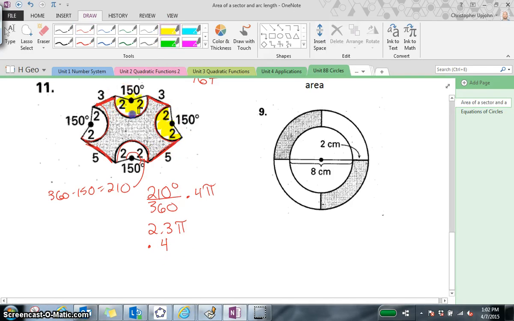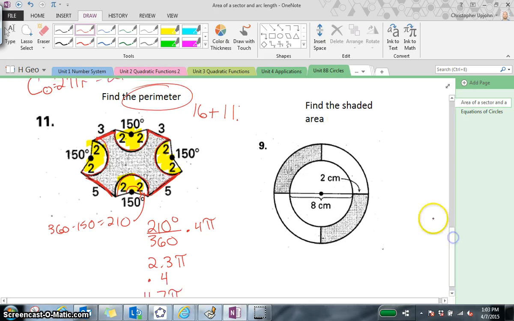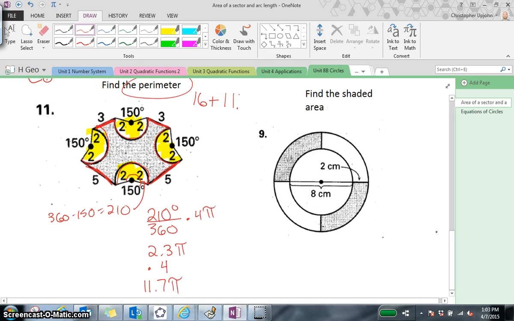We got one here, here, here, and here, and they're all the same. So we multiply that out, we get 11.7 pi. And we're just going to keep pi in our answer, so 16 plus 11.7 pi. Oh, sorry, I multiplied that wrong. It's not 11.7. It's 9.3. 9.3 pi, and there is no units, we'll just say units.